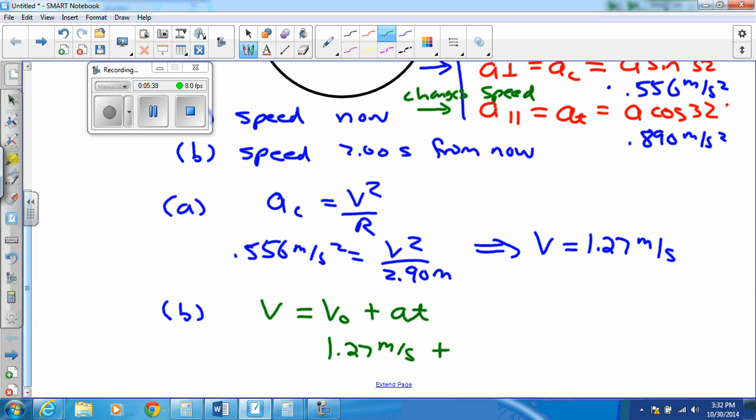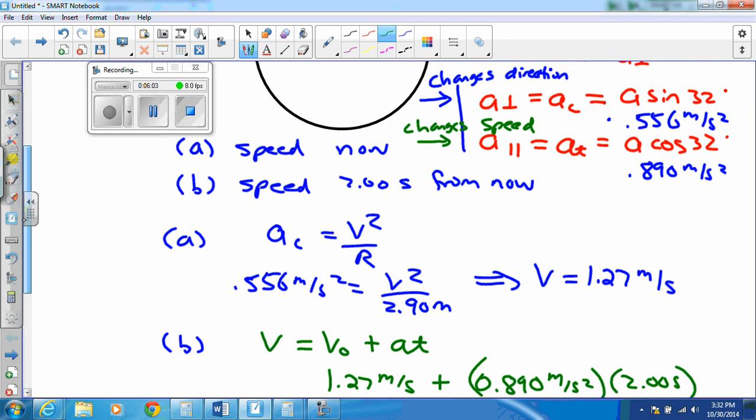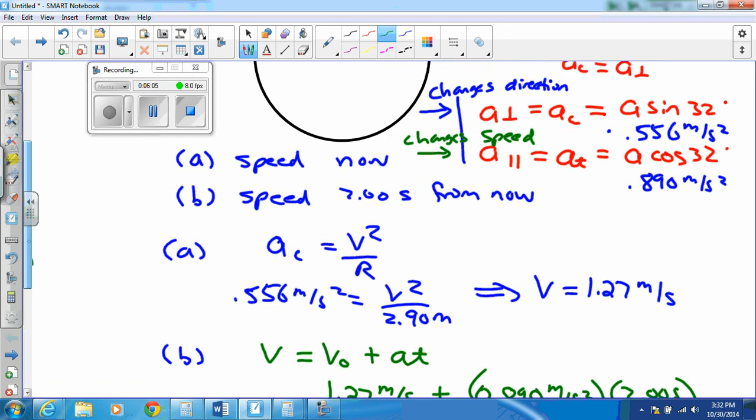We have the current speed, which is 1.27 meters per second. We have the parallel or tangential acceleration of 0.890 meters per second squared, and we're going to accelerate for 2 seconds. So the velocity 2 seconds from now is going to be 3.05 meters per second.